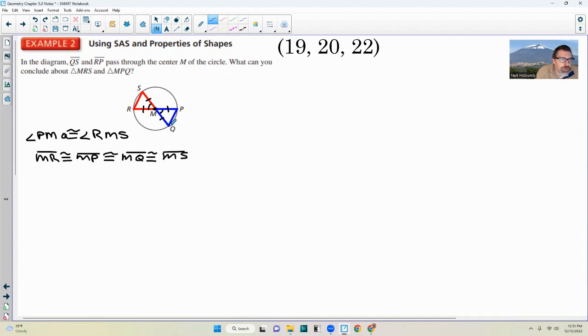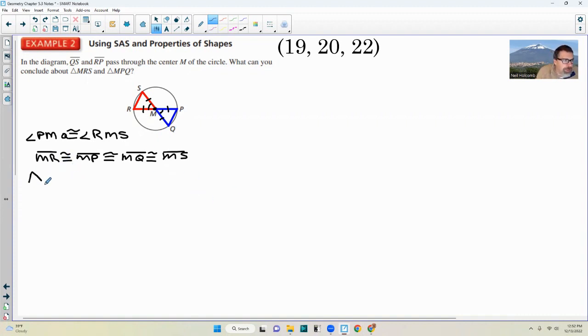So in looking at one triangle, MQ and MP are two sides where the angle in the middle is included. MS is congruent to MR, which is congruent to MP and MQ. Since they're all congruent and the vertical angles are congruent, then these two triangles are congruent by side angle side. Okay, I'm not going to write that, but, well, why not?